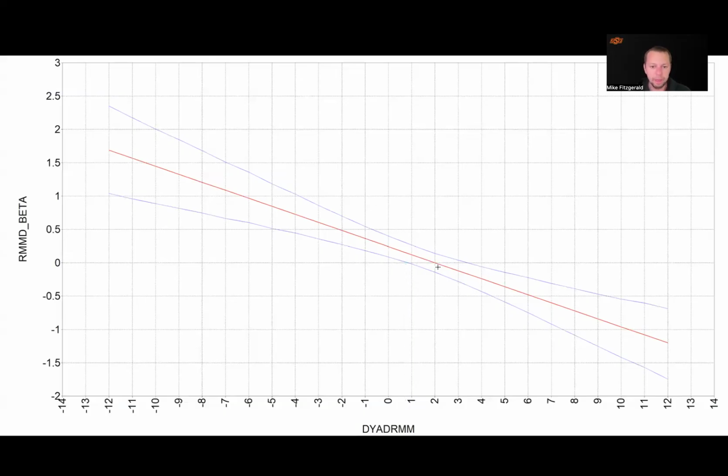But we can look on the other side too. This won't always happen, but it becomes significant again right here around 3, or 3.5, I should say. And so this provides a little bit more nuance in the estimation of our effects.